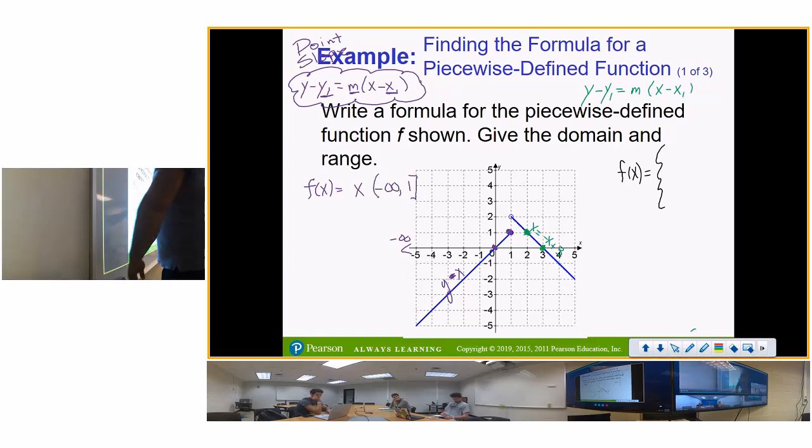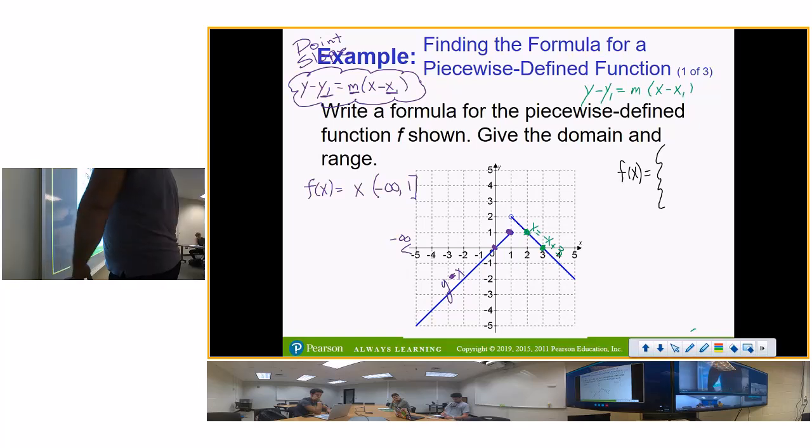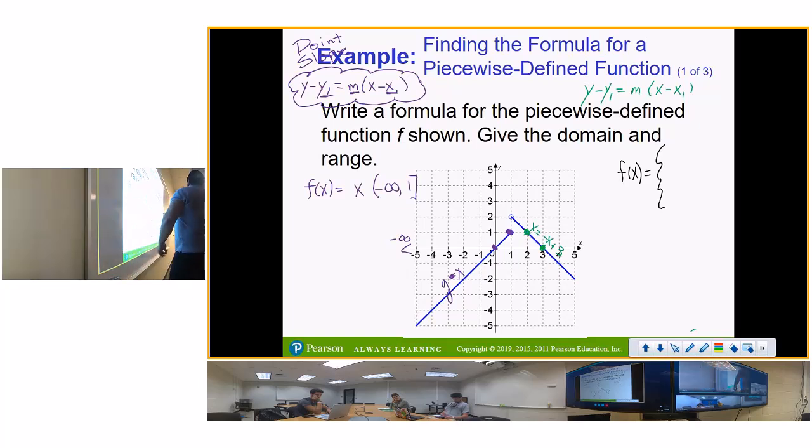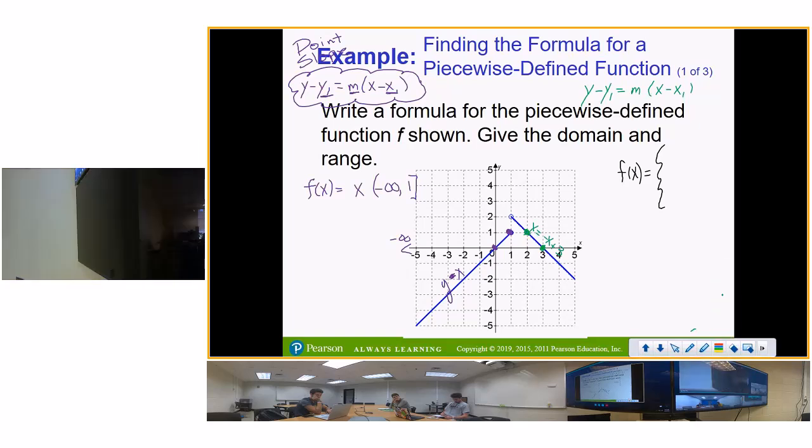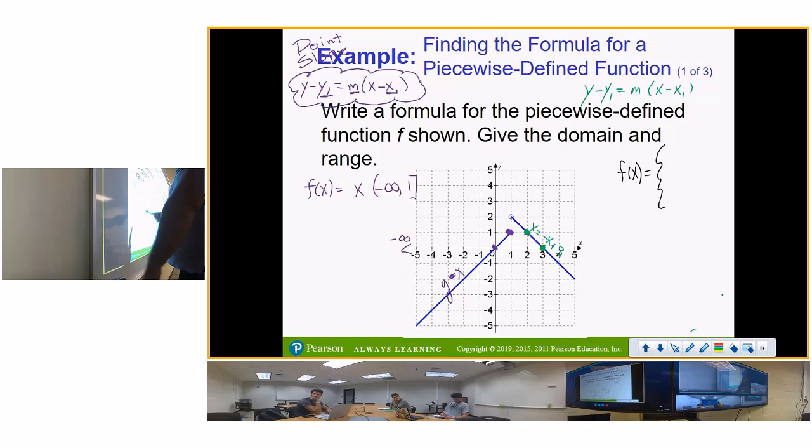So we're going to have to write that as a domain in just a second. The green line is f of x is equal to negative x plus 3. And I'm using from 1 to what?